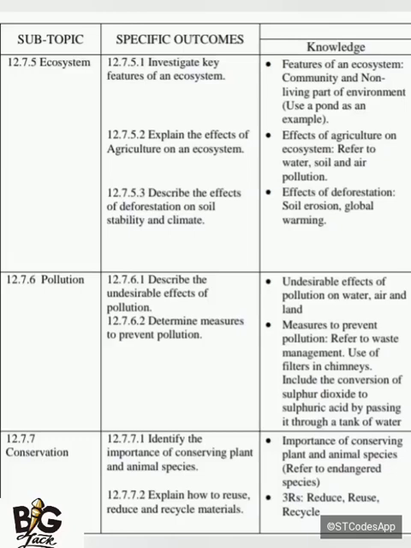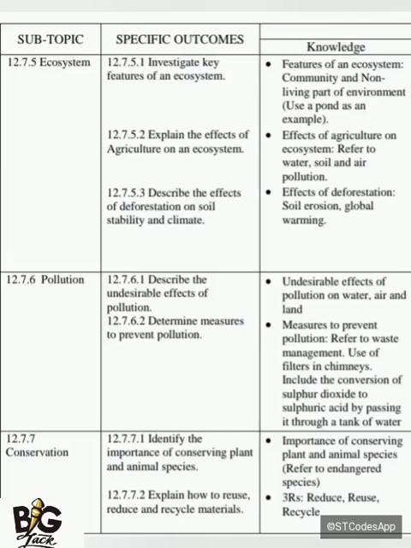For example, you can talk of tourism, job creation, and so on. So the last one, you need to explain how to reuse, reduce, and recycle materials. So in this part here, you need to understand, okay? You need to give them an explanation on how you are going to reuse, reduce, and recycle materials.